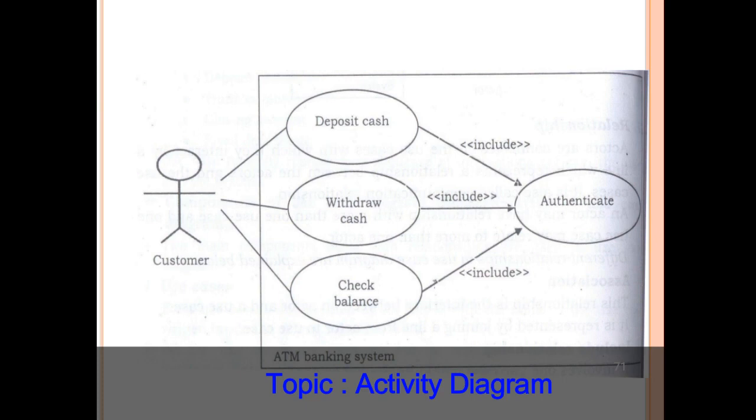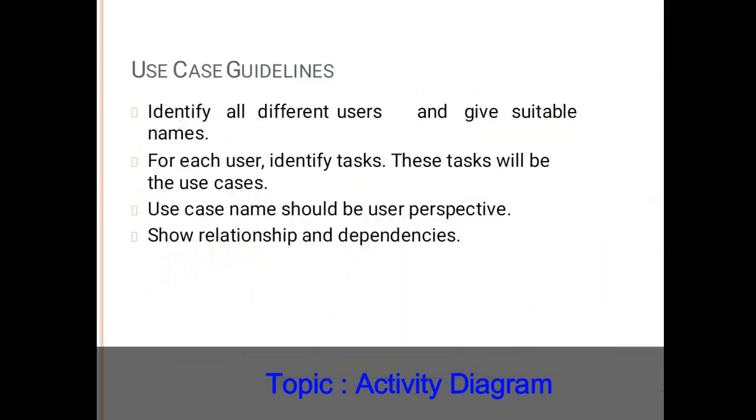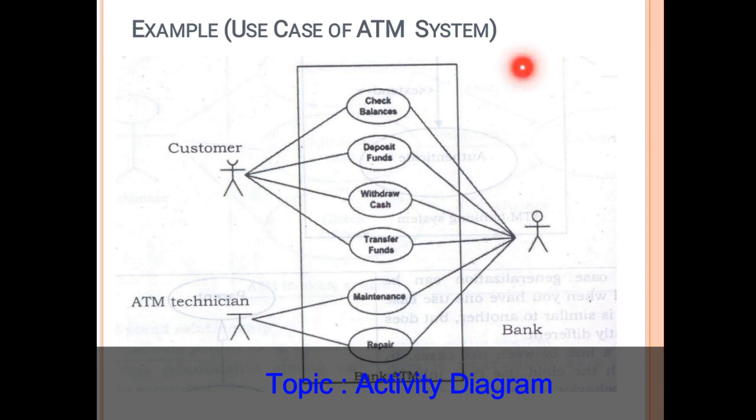That's why a use case diagram is nothing but something that connects a user, or we can also say a customer or employee, with the system. Okay, and finally, this is the best example of a use case for the ATM system. This is a customer, here is an ATM technician, and this is a bank.